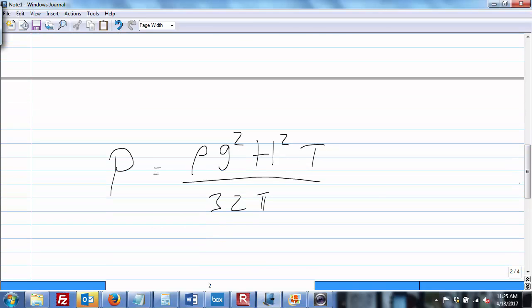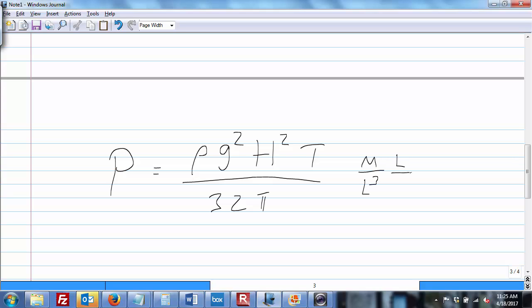And actually, let's just do a really quick dimensional analysis on this. So if rho is density, that's going to be mass per length cubed. Gravity is length over time squared. Height is length squared.